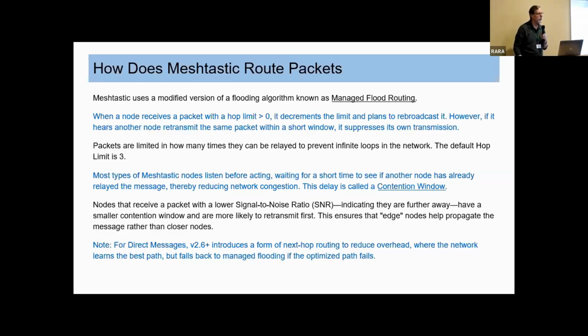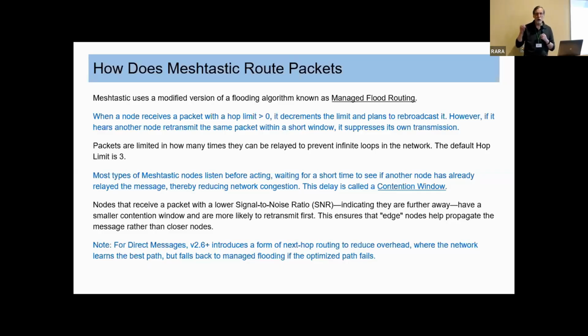Because then if it uses up all of its hops in a short distance, that message is never going to get very far. So they implement this contention window algorithm where each node looks at the signal strength of the message when it receives it. It's actually looking at the signal to noise ratio, and based on that, it calculates what the contention window should be.